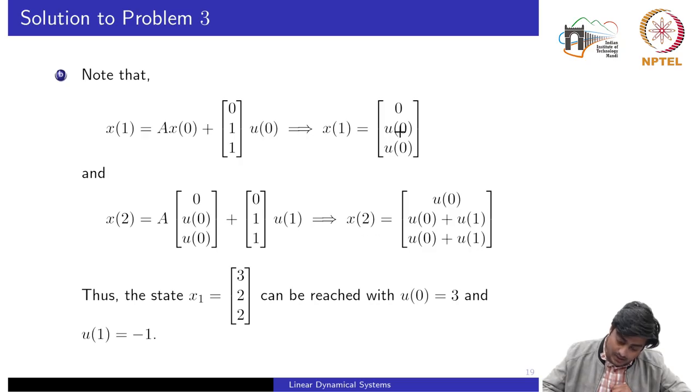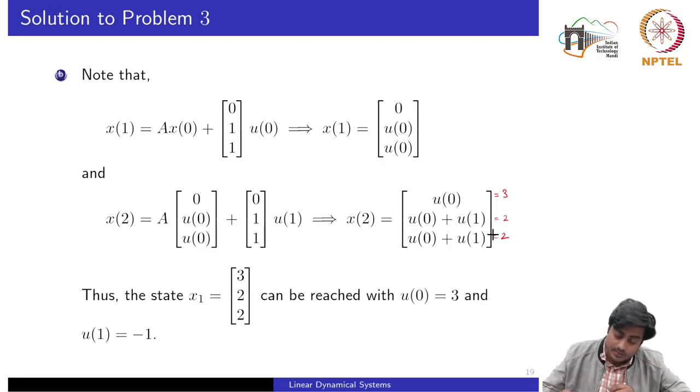Now if we see this step, the first element is 0, but we need the first element to be 3. So only in one step we cannot reach that state value. But if you pay attention here, selecting u0 as 3 and u1 as -1, you would see that u0 plus u1 would be 2, and similarly this would be 2.